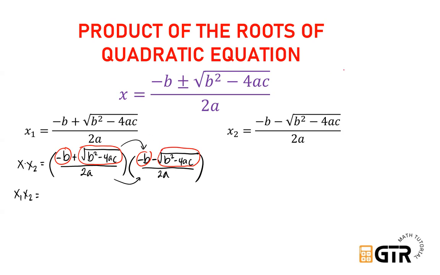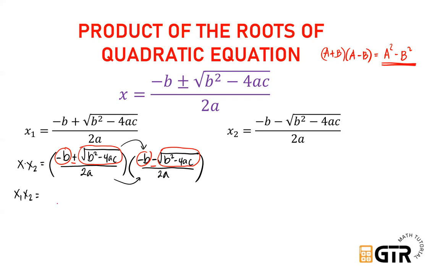So it's in the form a plus b times a minus b, which is the difference of two squares, a squared minus b squared. Since the first term is the same, and the second term has one positive and one negative sign, pwede natin gamitin itong formula: the product of the sum and difference of two terms is equal to the difference of two squares.